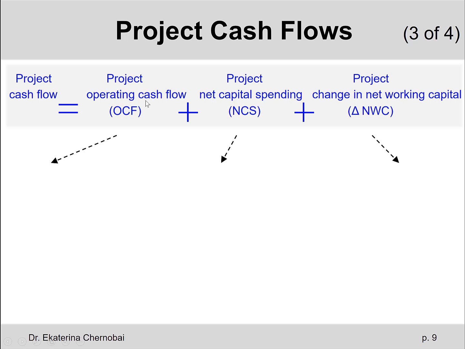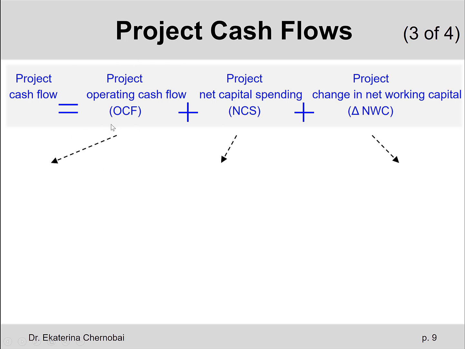Other cash flows have something else in common, and they have nothing to do with operating cash flow, but instead they have to do with what we call net capital spending. And everything else would belong in the 3rd category of cash flows, which we call change in net working capital. So what is in the 1st category?